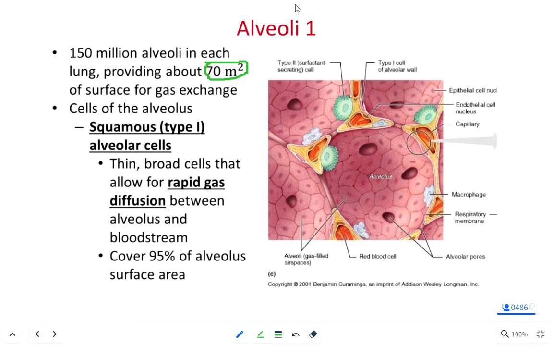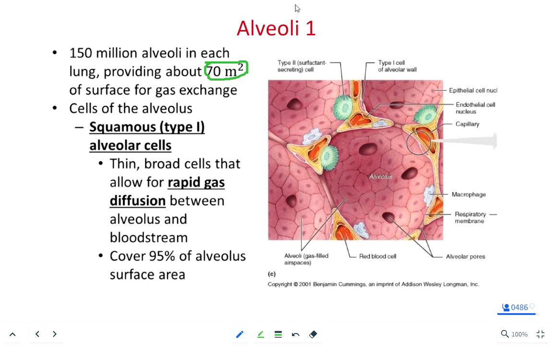So another way to think of this: there's about 9 square feet per square meter, 9 times 70. 9 times 7 is 63, plus a zero. There's about 630 square feet in your lungs. Or you could think of the first story of a typical house. That's the surface area of your lungs.